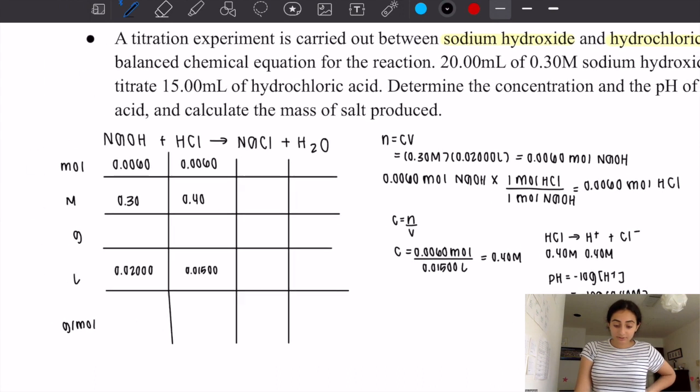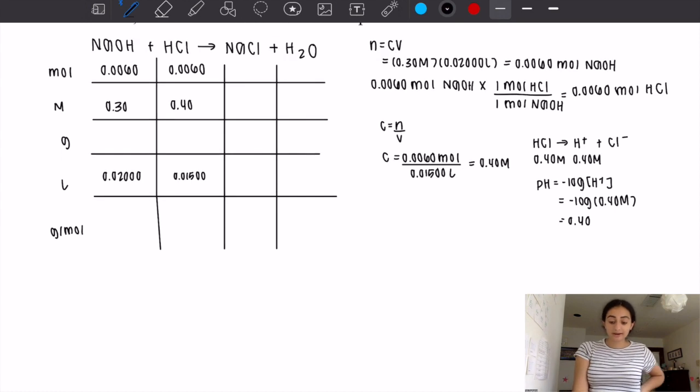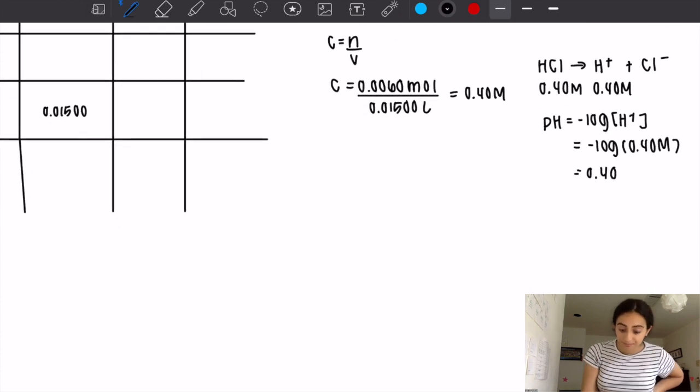Now we need to calculate the mass of the salt produced. So once again, I'm going to start with my moles of NaOH and convert them to moles of NaCl.